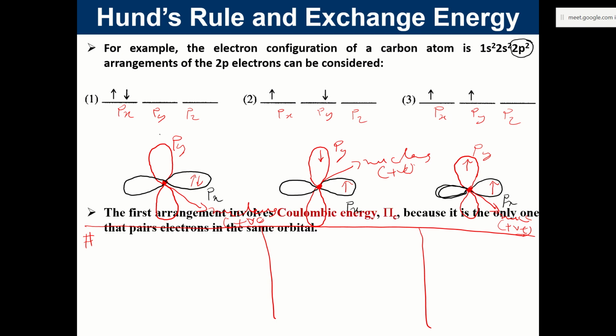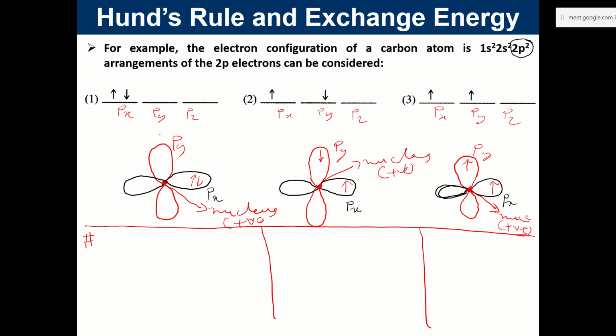Now think, you have electrons at the nucleus. So just a moment, 2 electrons occupy same region of space around the nucleus. In this case there will be repulsion, and so the energy of this will be high, right?